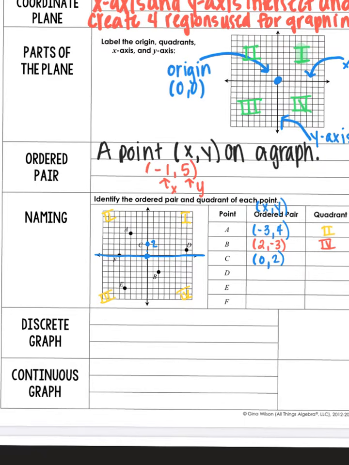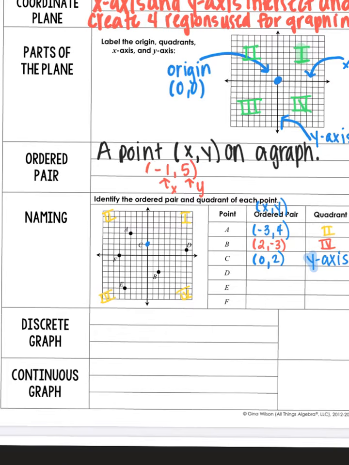So our ordered pair is 0, 2. Now if you notice, our C is right on an axis. And this axis is called the y-axis. So when the coordinate lands directly on the x or y axis, you label that as the axis instead of a quadrant because it's really not in either quadrant. It's right on the axis.